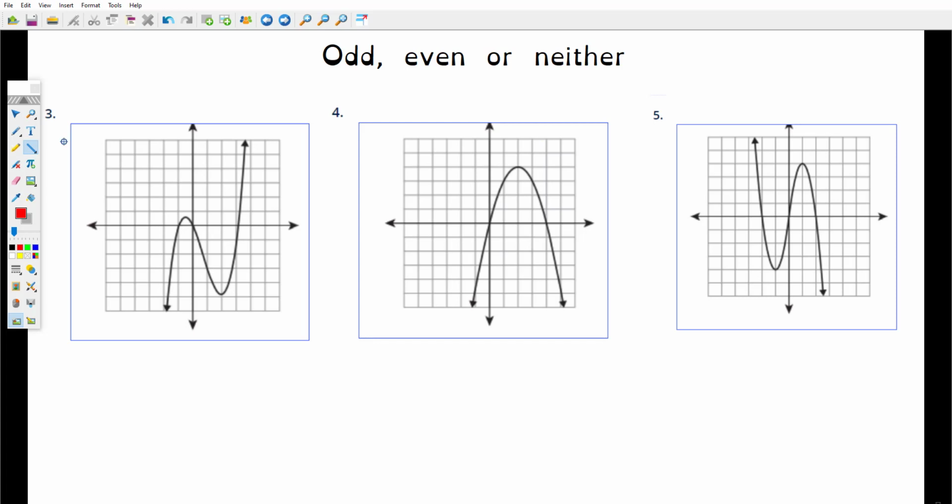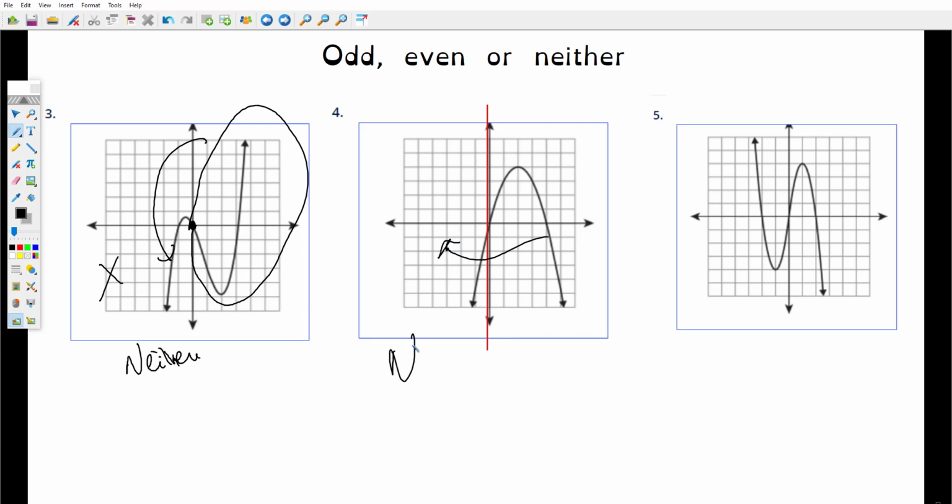Let's look at these. On this one, if I take the origin and try to spin this over here, it doesn't work, so it's neither. If I look at the y-axis, this doesn't reflect over here, so it's neither.